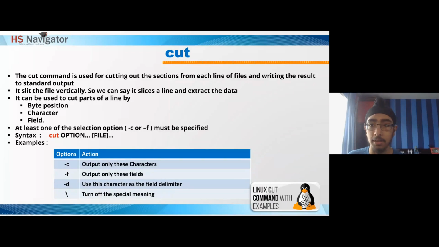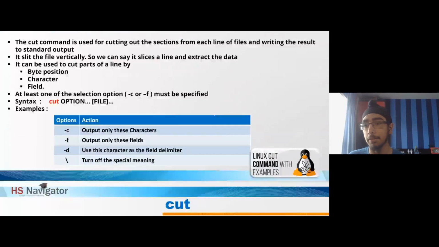The syntax is cut, option, and then the file. The options are -c for only these characters, -f to output only these fields, -d to use this character as a field delimiter, or turn off the special meaning. So instead of spaces or new lines, you can use colons or commas, or you can escape a character.